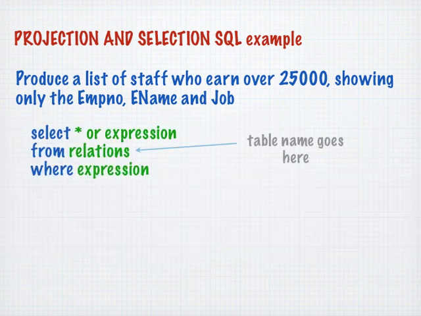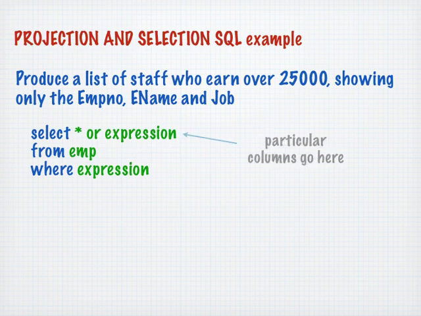So go through the steps. Step 1, work out what the particular table is that we want to perform the SQL query against. It's the emp table. So we just write emp down there after the reserved word from. The particular columns that we're interested in, well, we know that's emp number, e-name and job. So I'm not going to use the star this time. I'm just going to actually write down emp number, e-name and job. And if you remember, we separate those columns with a comma.